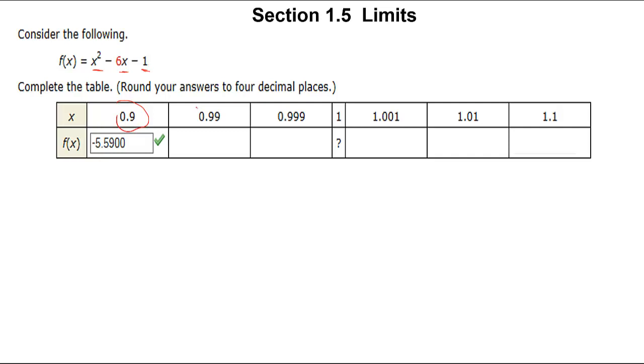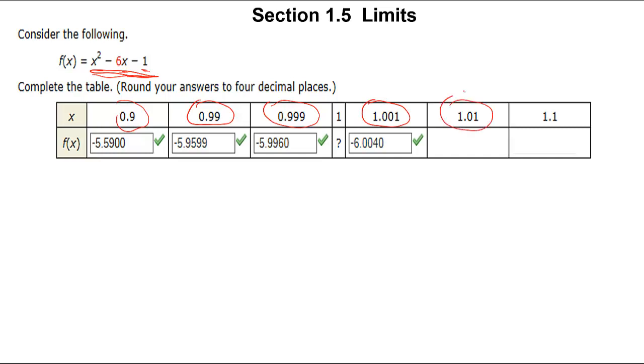And as you keep plugging these numbers in, 0.99, and just do these calculations, again, put in 0.9999, and practice this because it is a skill you need to work on to do some of these homework problems. You'll get about -5.9960. If you move to the other side of 1 and do 1.001, you'll get about -6.040.